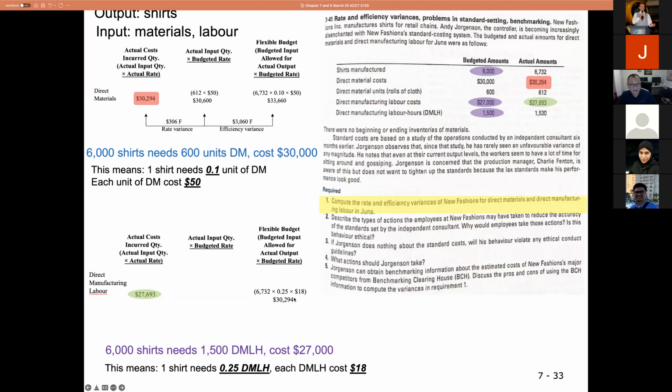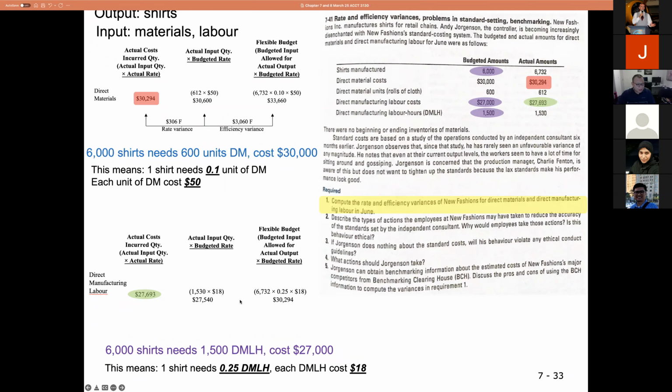In the middle, how do I calculate this number? That's going to be 1,530 times the $18. So the actual direct labor hours, that's the 1,530, and the standard rate is 18. So 1,530 times 18 is in the middle.